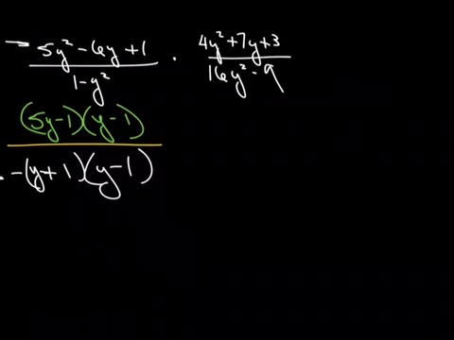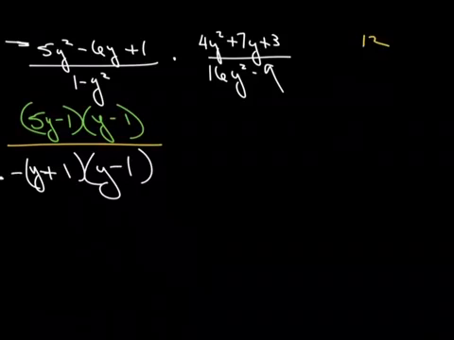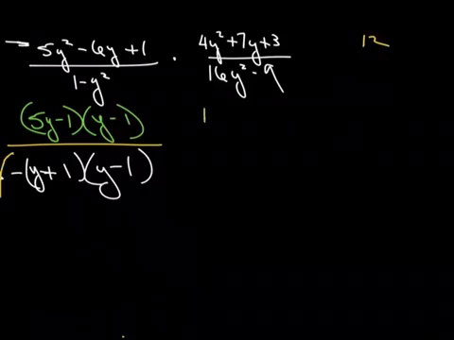So 4y squared plus 7y plus 3. 4 times 3 is 12. Find two numbers multiplied that give me 12, added that give me 7. And I discover that that ends up being 4y plus 3y. Okay.